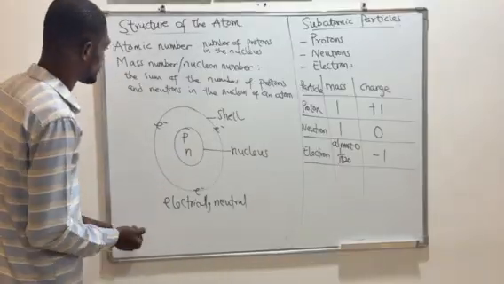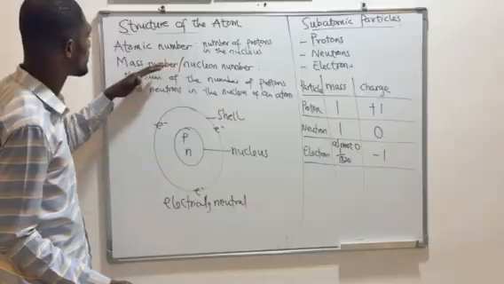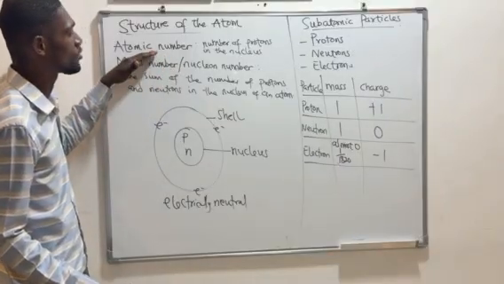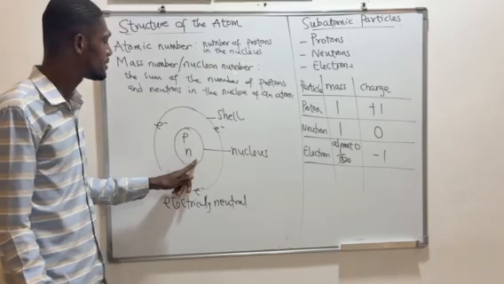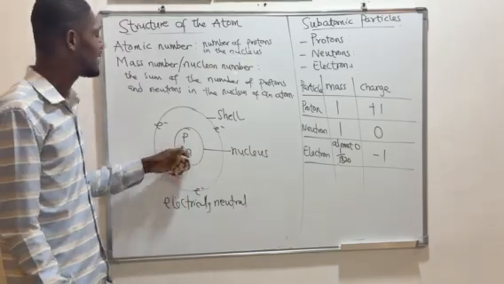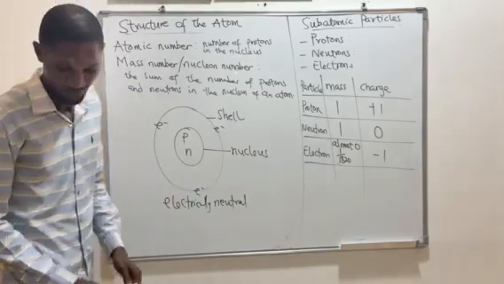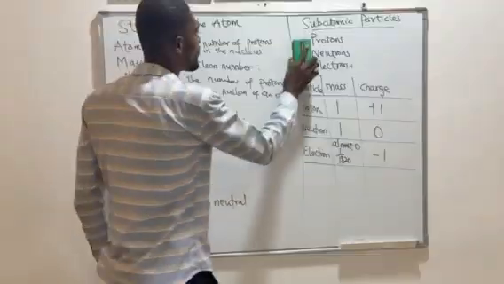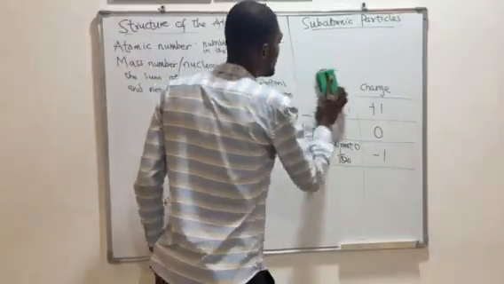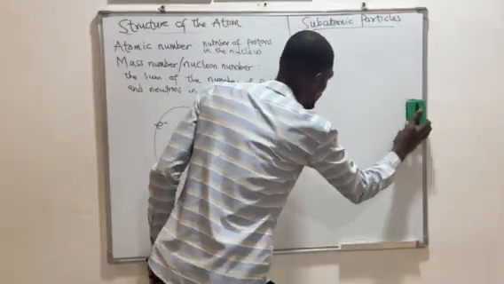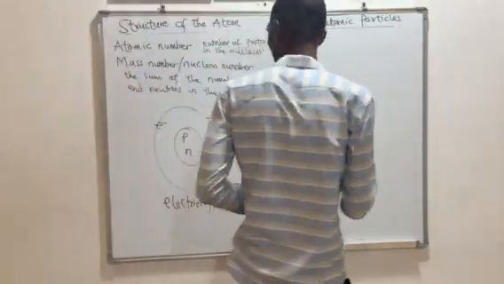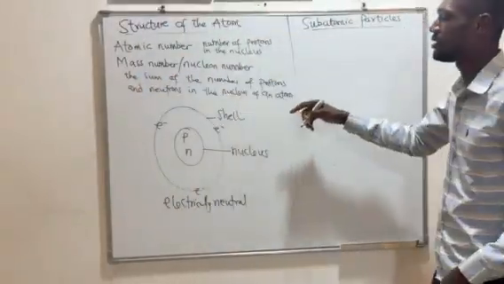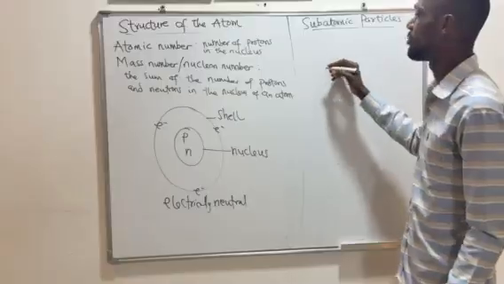So these are the terms you have to know under the structure of the atom. Now, when you are given the mass number and the atomic number, you can use this information to find the number of neutrons in the nucleus of the atom. So let's look at an example of how to find the number of neutrons when you are given the atomic number and the mass number.